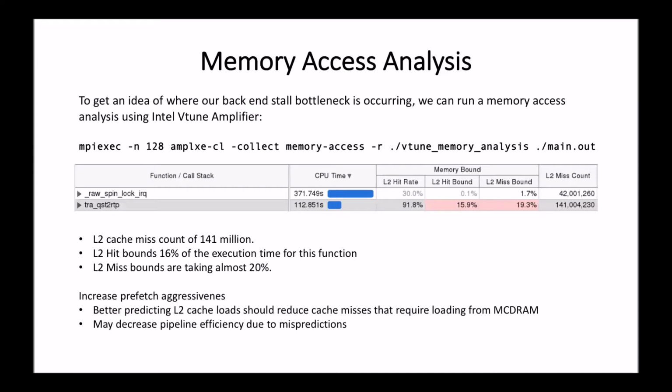There is a downside to this in that prefetching adds a couple of instructions to the pipeline, and you could also prefetch branches and things that aren't actually going to get executed, so you'll decrease your pipeline efficiency due to these mispredictions.